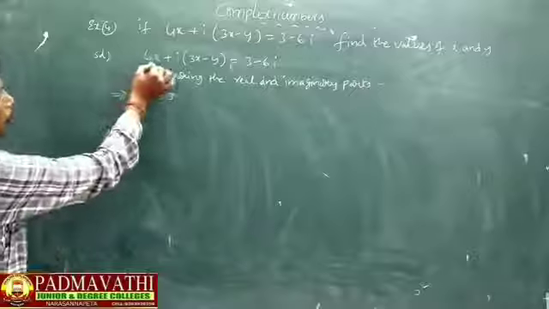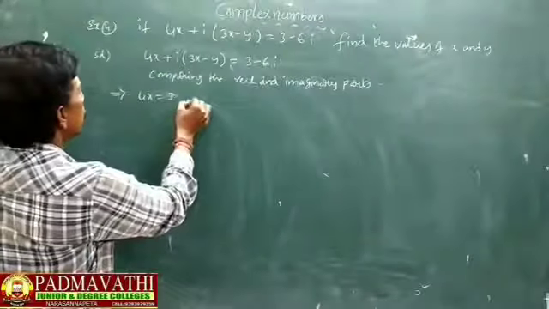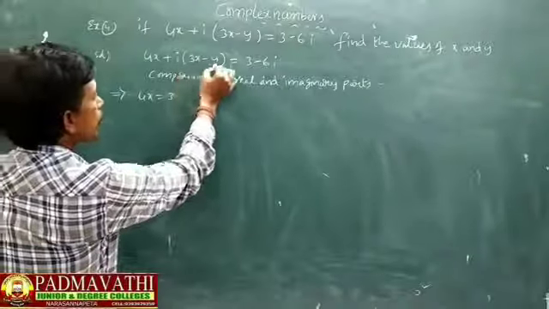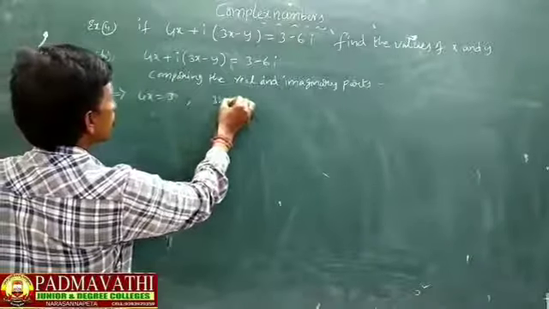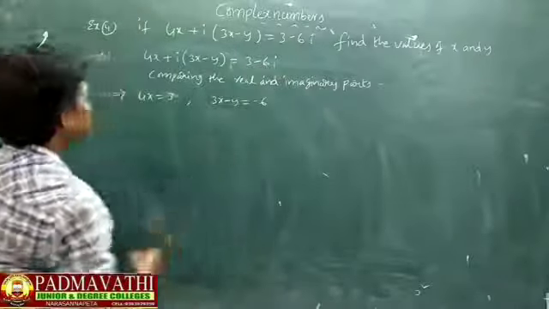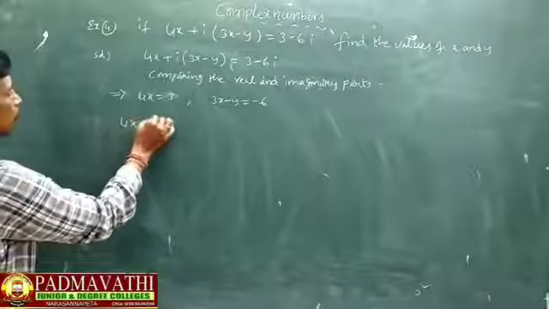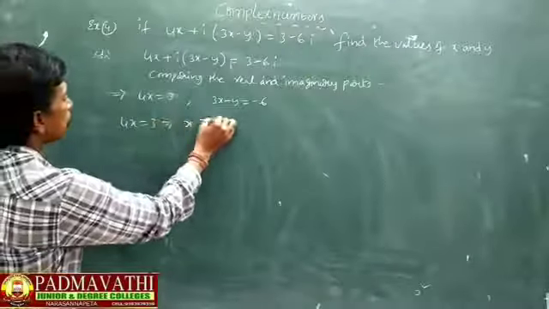So the real part is 4x, the real part is 3, and the imaginary part is 3x minus y, the imaginary part is minus 6. Okay. 4x equal to 3 implies x equal to 3 by 4.